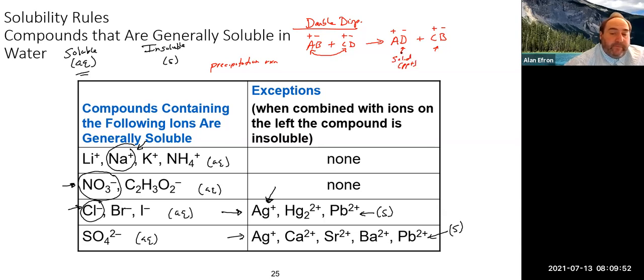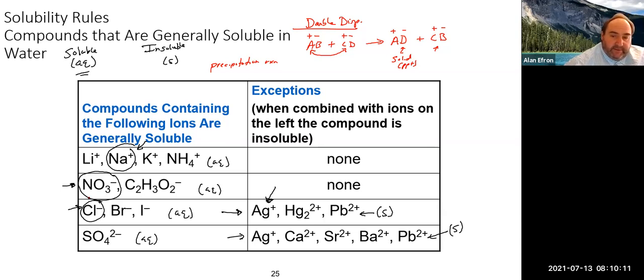So if a double displacement reaction takes place and you do form some type of solid, it can also be classified as a precipitation reaction, in addition to being classified as a double displacement reaction.